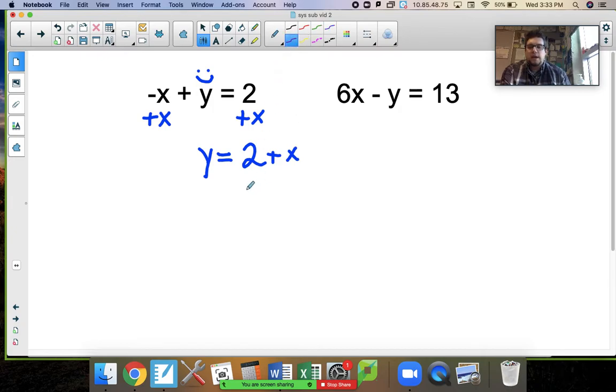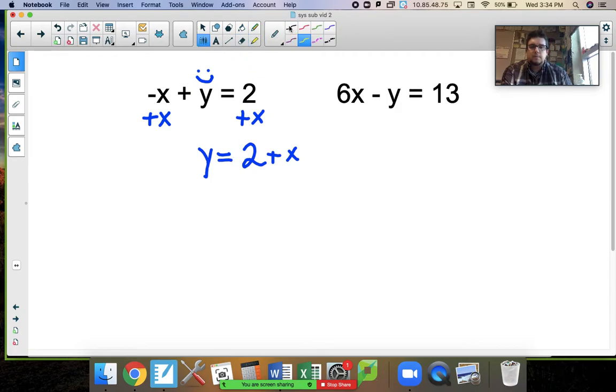I prefer to have the variable go first. Positive x, positive 2, I would write it this way. All I have to remember writing it this way is just to keep track of those signs. Both the 2 and the x are positive, so when I rewrite them in different order, they're both positive.